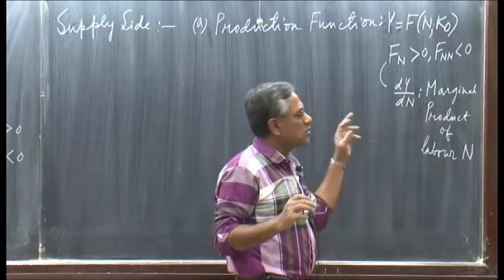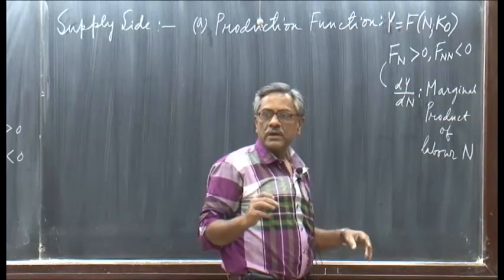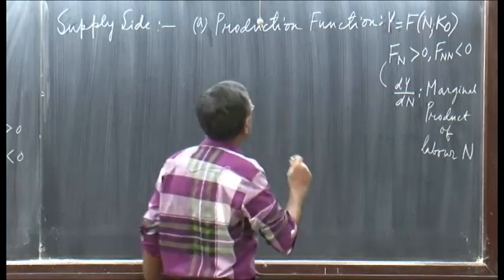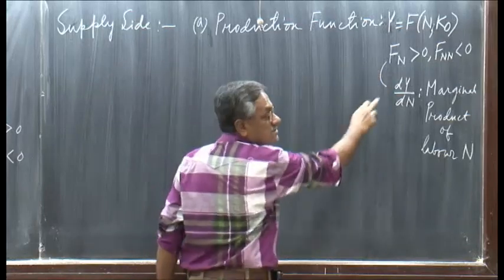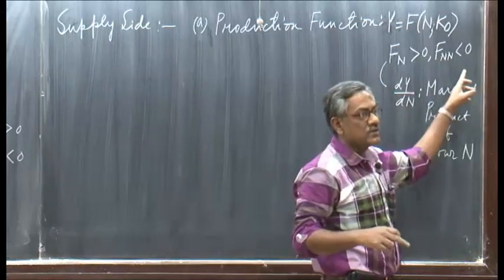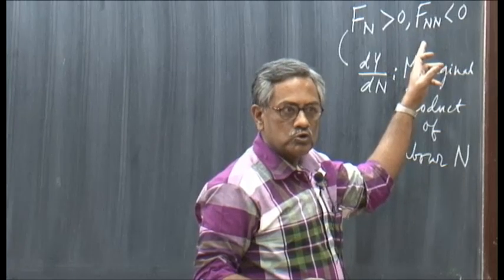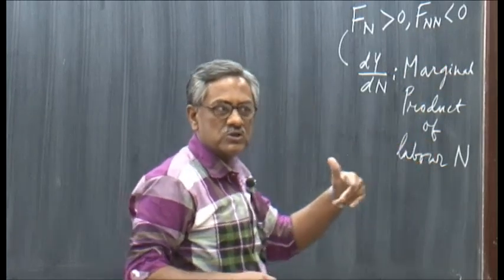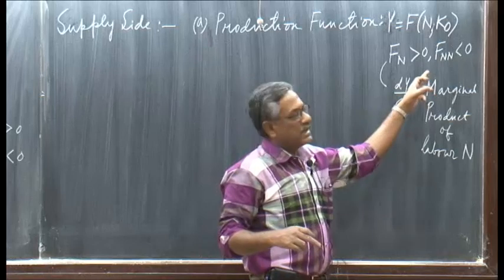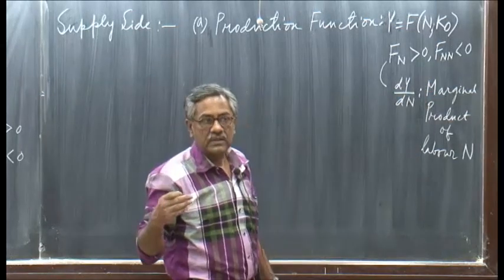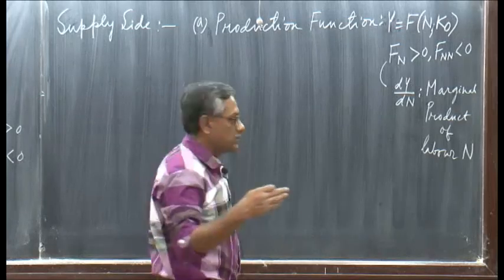So this marginal product of labor, usually, if I draw the production function, you will see it's a downward sloping line. Because Fn is greater than 0 and Fnn is negative, Fnn is not 0. So Fn keeps on changing. That means the slope keeps on changing. And Fnn negative essentially means that marginal product of labor is falling, is diminishing.